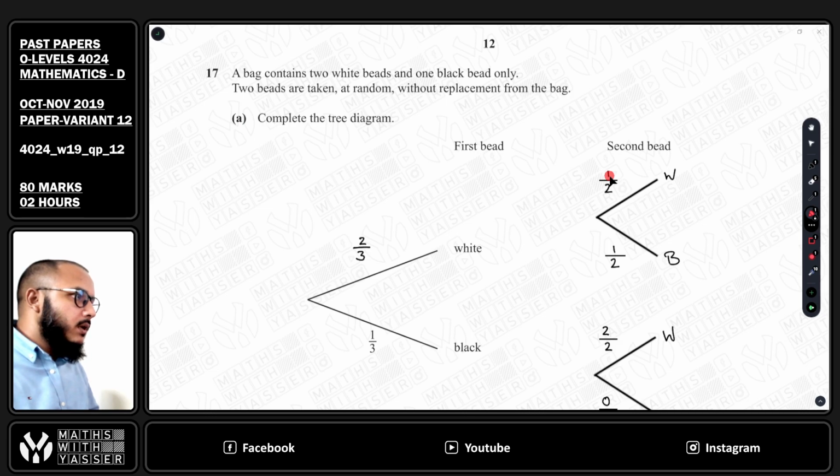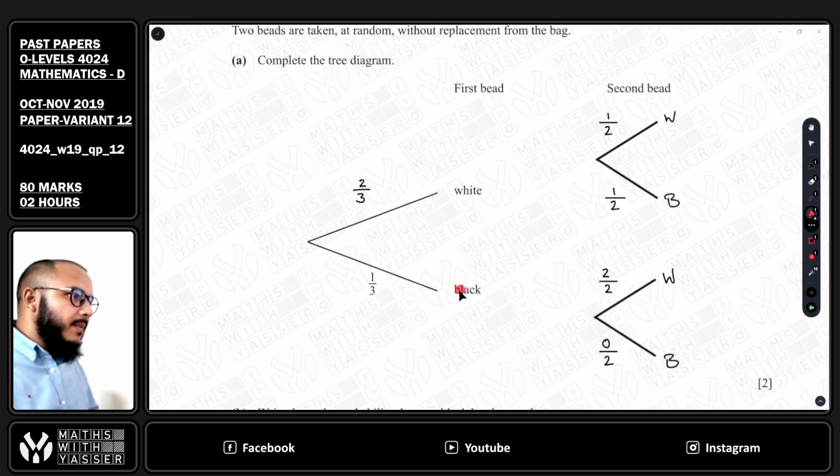So we will have just 1/2 as the probability to get a white bead, and to get a black bead it will be again 1/2. And you should also know that in a branch, the total probability will always add up to be 1.